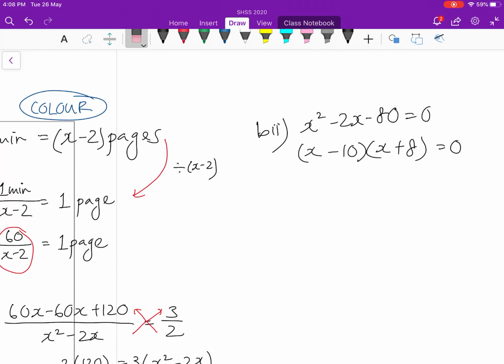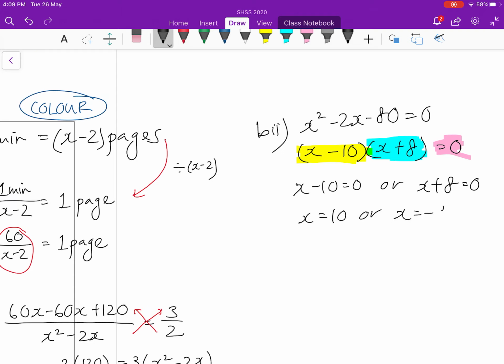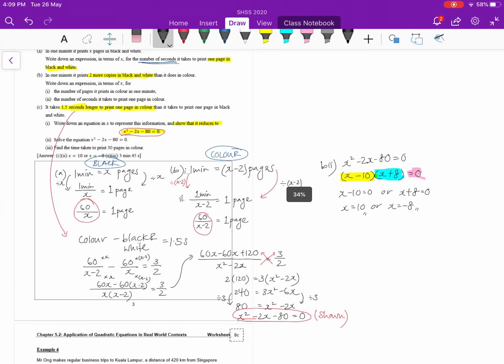Then from here I get the two brackets multiplied equal to 0. So therefore x minus 10 equals 0 or x plus 8 equals 0. So x equals 10 or x equals minus 8. Finish. That is B part 2.